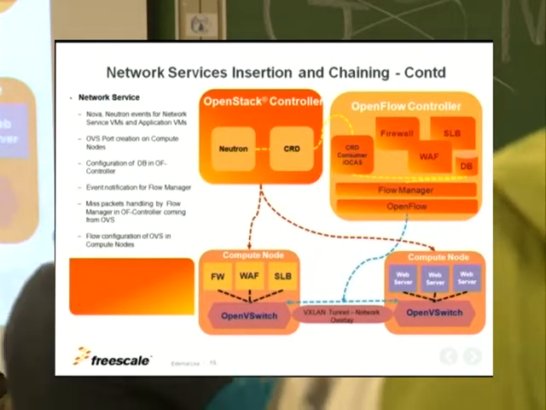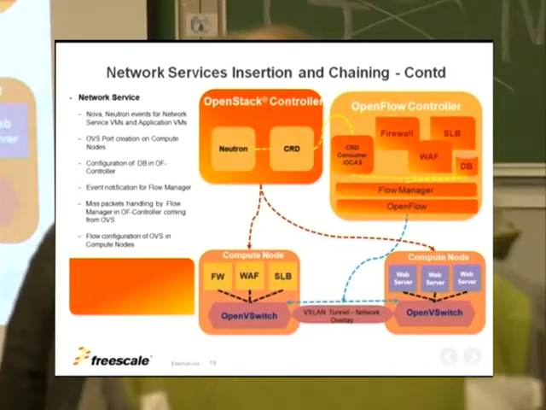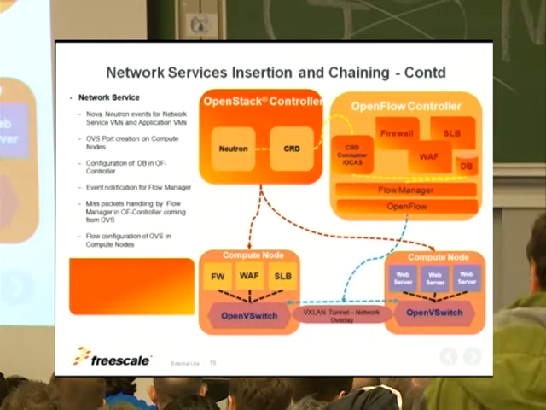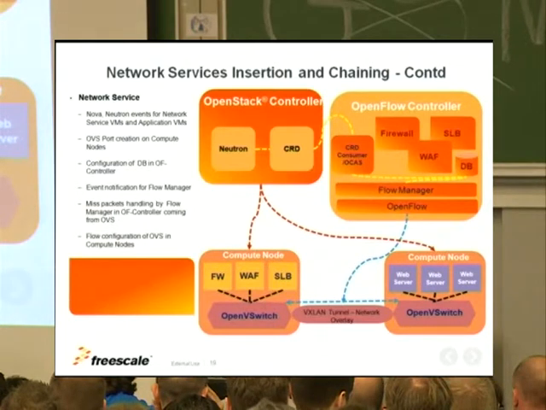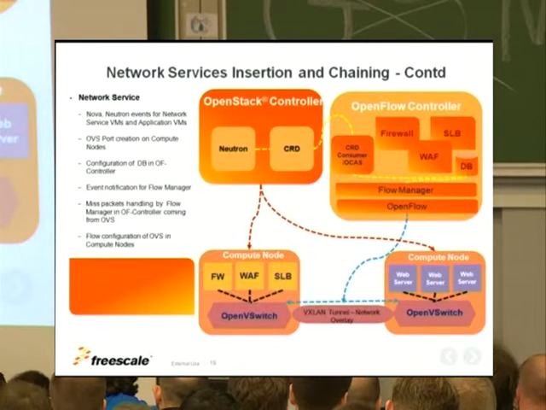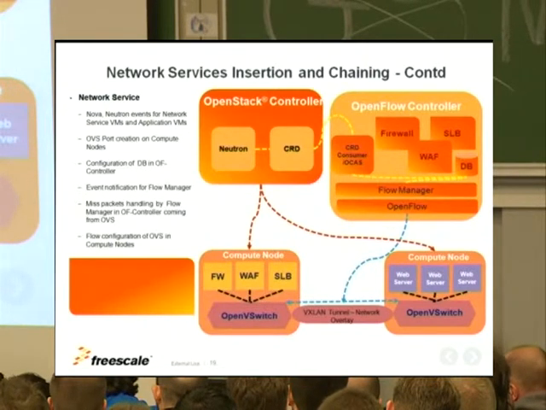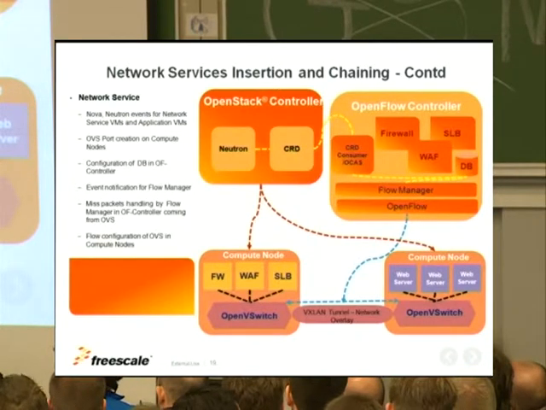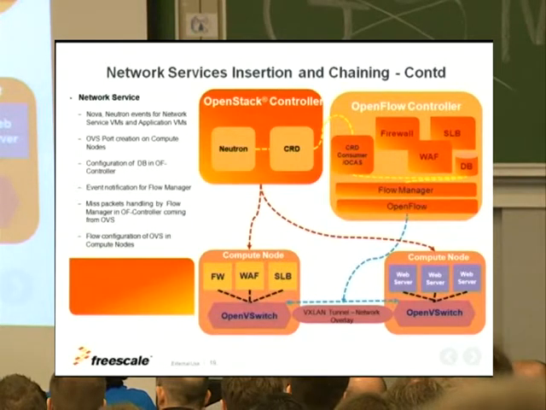And the events from the database will be captured by the Flow Manager. And the Flow Manager, using the OpenFlow protocol, is going to configure the Open vSwitch of compute nodes. And we have the network services like firewall, web application firewall, and server load balancer running on virtual machines inside a compute node. And we have web servers running on another compute node.